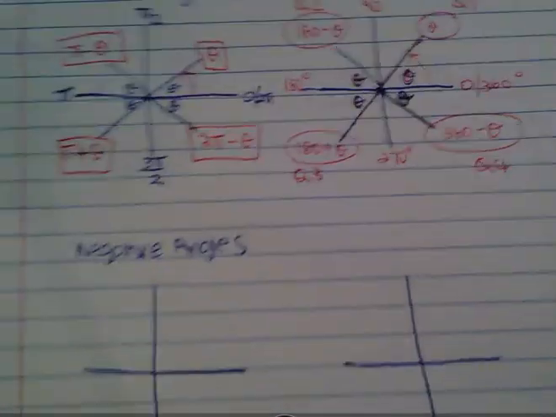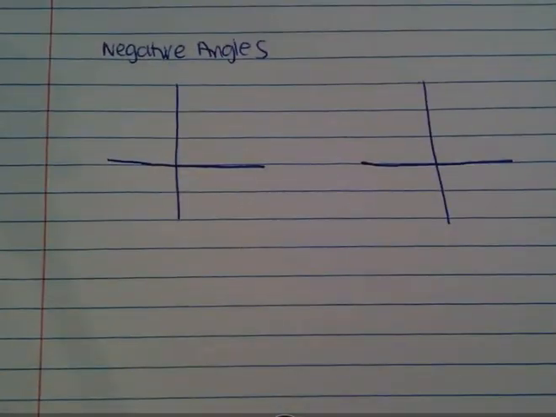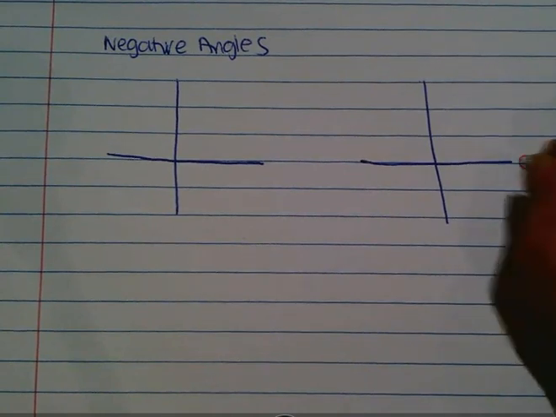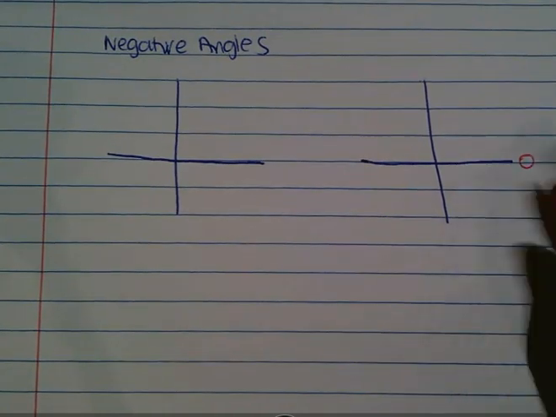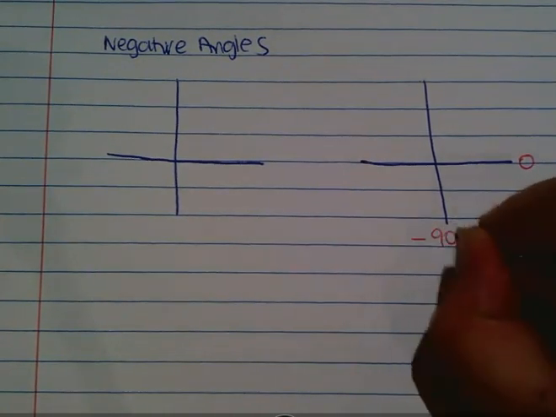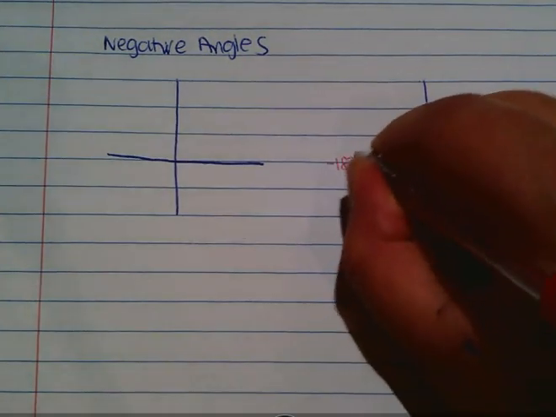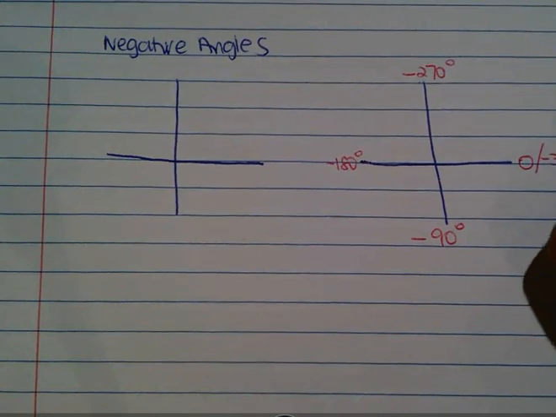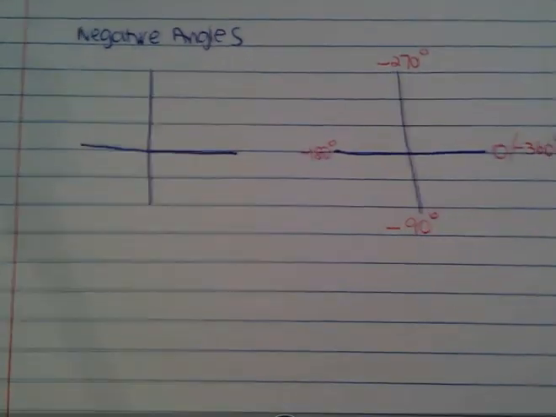Now, looking at the angles as negative measures. Let's do it in degrees first. So remember we started with 0, however we travel clockwise. We had negative 90 degrees, negative 180, negative 270, and negative 360 degrees. Okay?